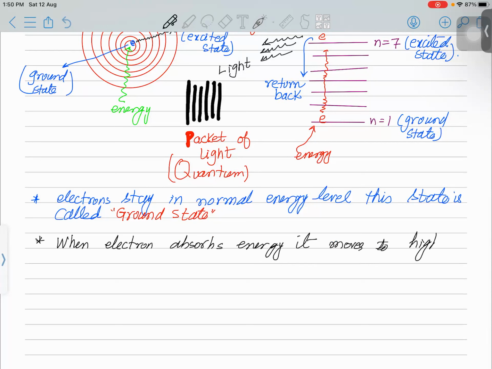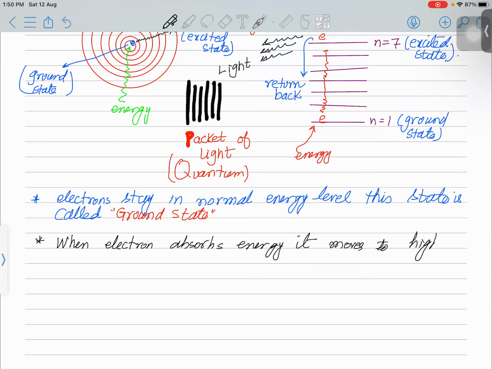This state is called excited state, very good. This state is called excited state.